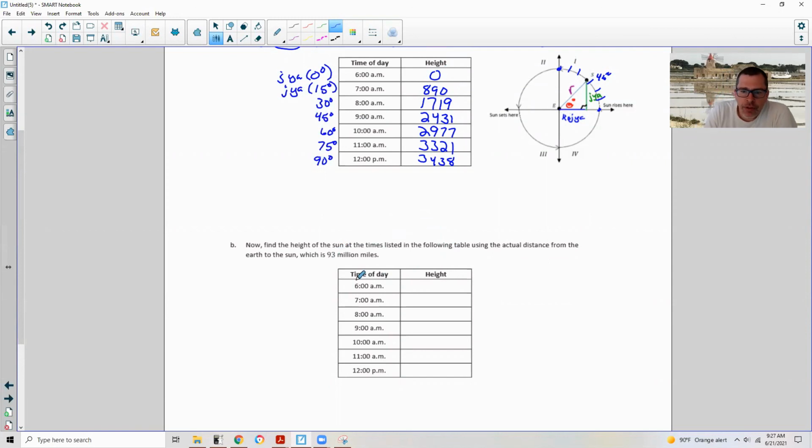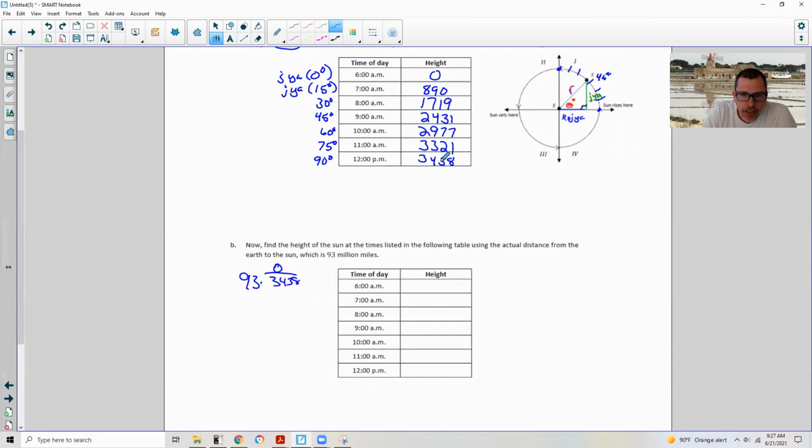So what we are actually doing is taking 93 times that ja 0 divided by 3,438. So we're taking this divided by 3438.